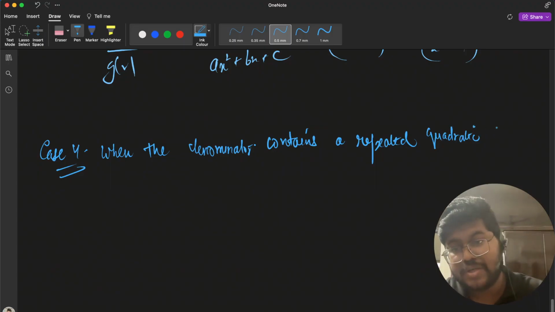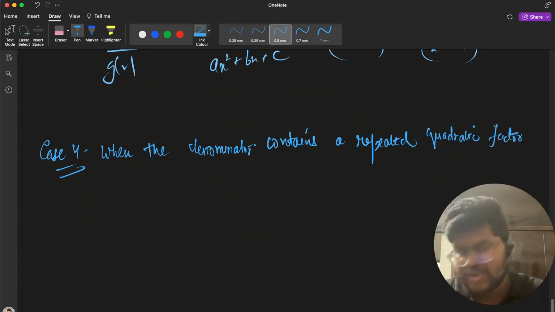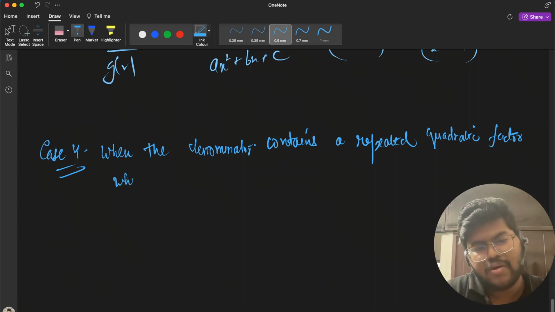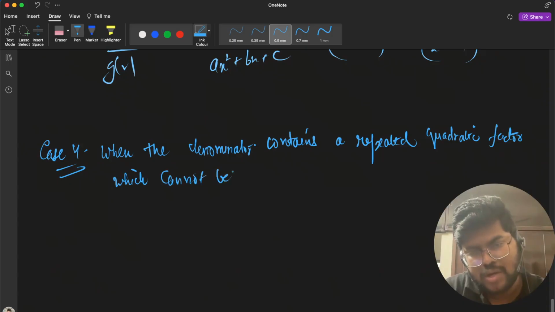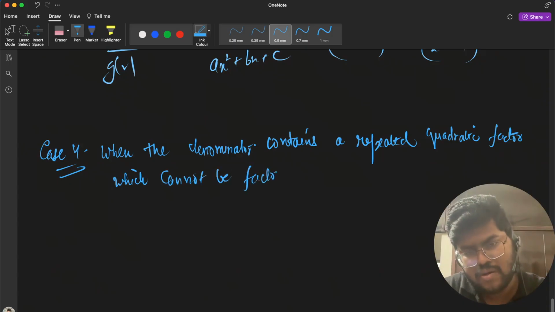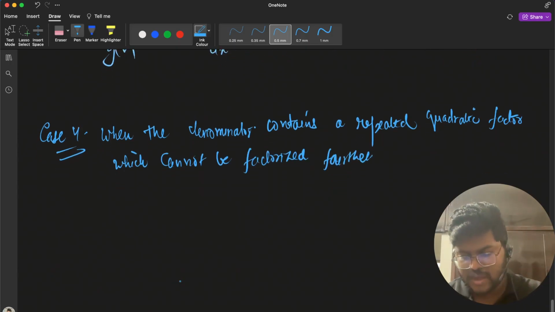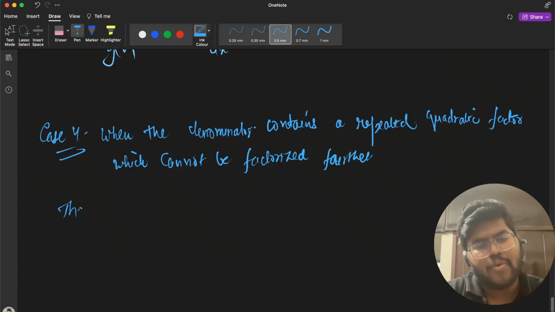Here it is a repeated quadratic factor which cannot be factorized further, right?